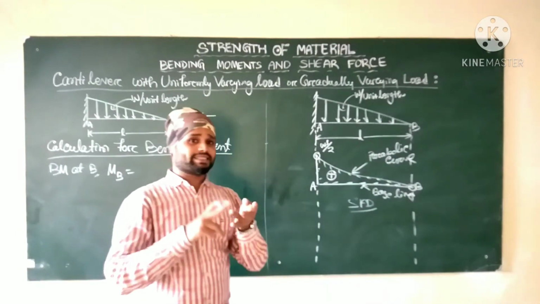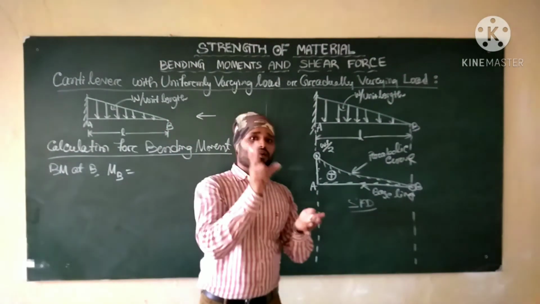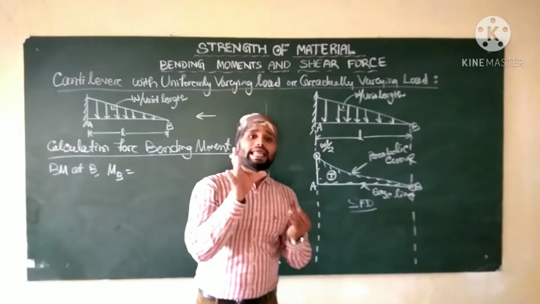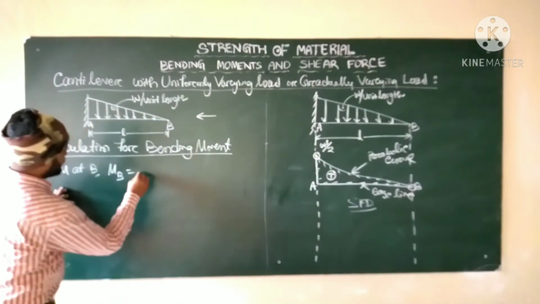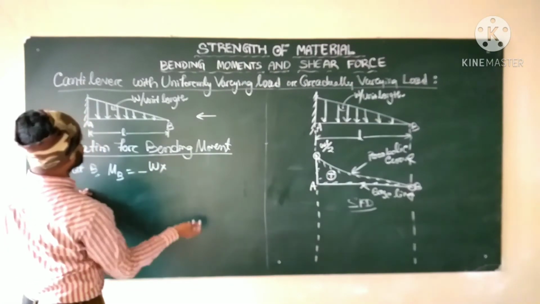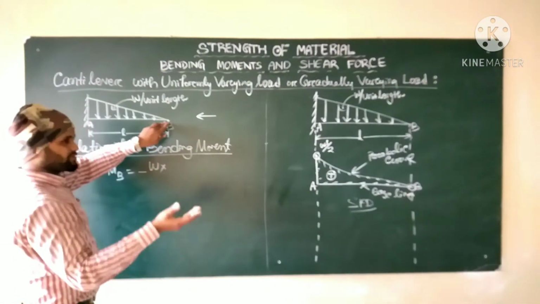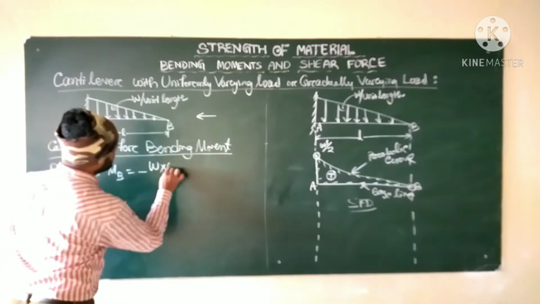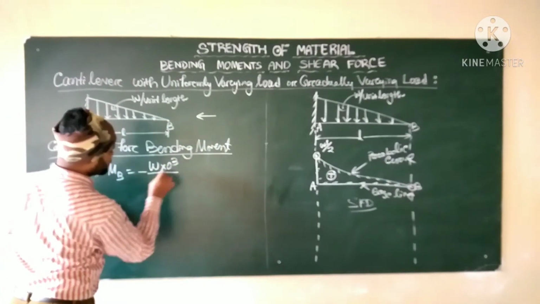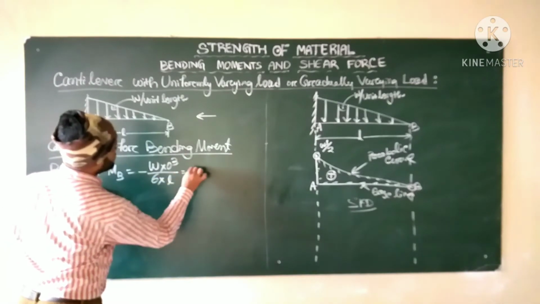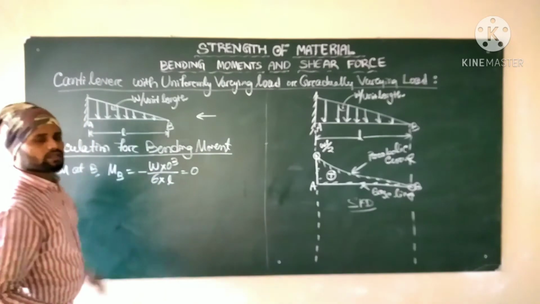W is the load, x is the distance at which the load is applied, and 6L: 6 the number, L is the length of the beam. So minus W is the load, into x square, the distance at which you are calculating. That means we are calculating B. So the distance is 0. W x square by 6 into length of the beam L. 0 into something means 0.